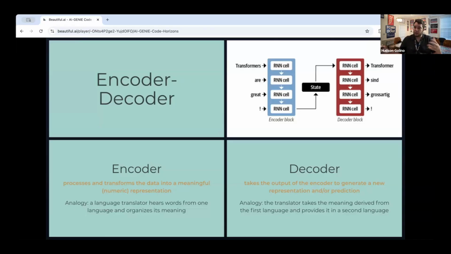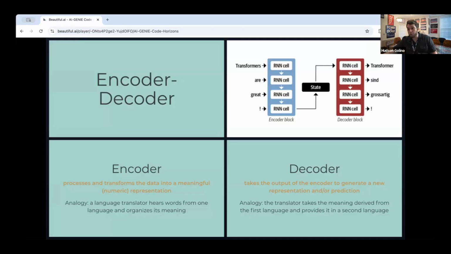So when I say something, the translator will hear the words, will understand what I meant with my words, and will organize its meaning. This is what encoder blocks do in deep neural transformer architectures. It takes the inputs, organizes the inputs, and understands the meaning of the inputs.